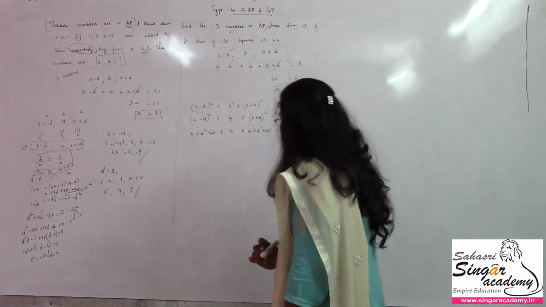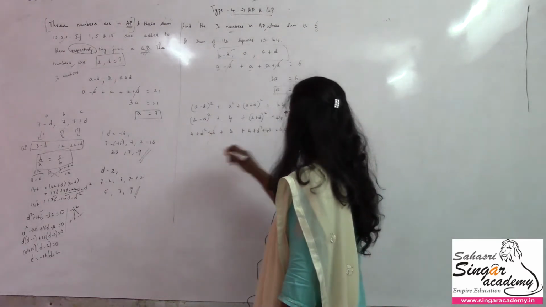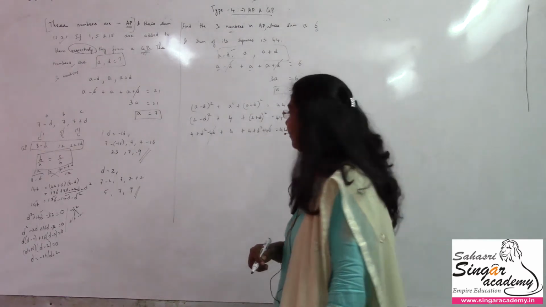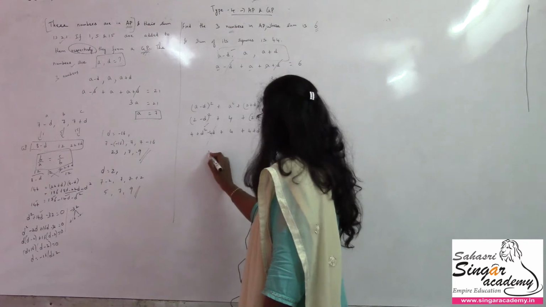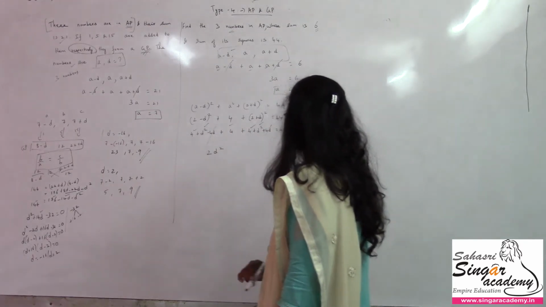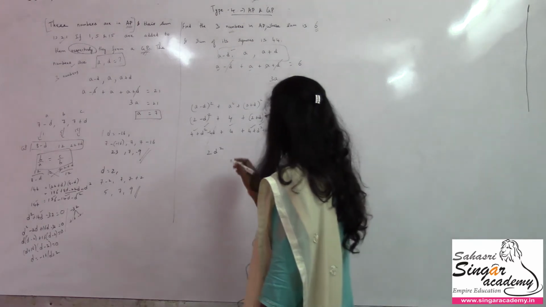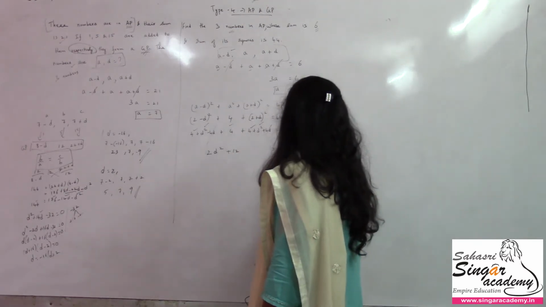If you find anything to get cancelled, you can cancel here itself. I have minus 4D and plus 4D, so they cancel. Grouping, you have 2D square and 4 plus 4 plus 4, so plus 12, which is equal to 44.